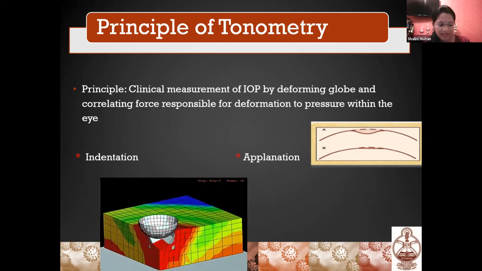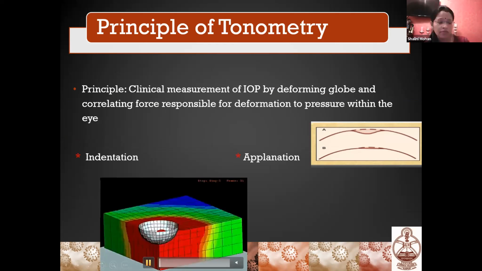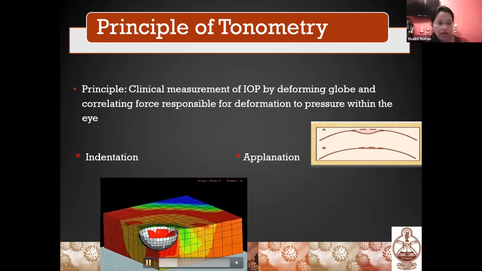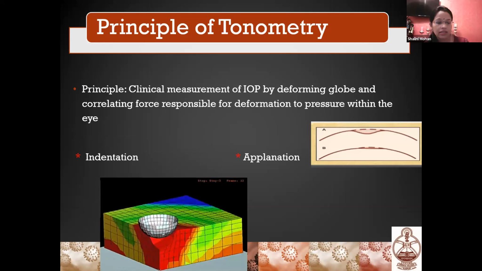You can see in this animation that this is the indented spot. Now because of this indentation, the displacement of aqueous is quite a lot. And with this indentation, if the globe is hard, the instrument will require more force to indent the globe. If soft eye, the instrument will require less force to indent the globe.